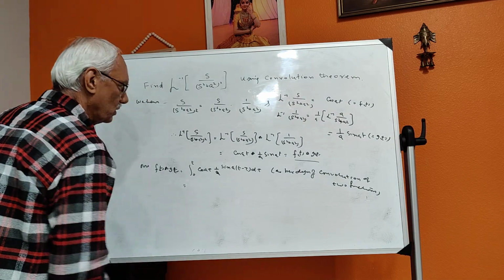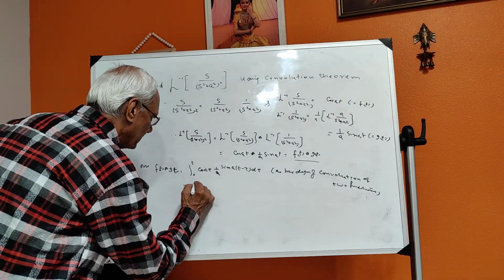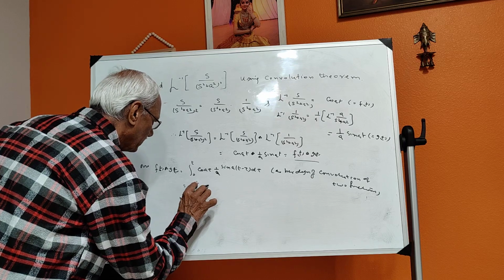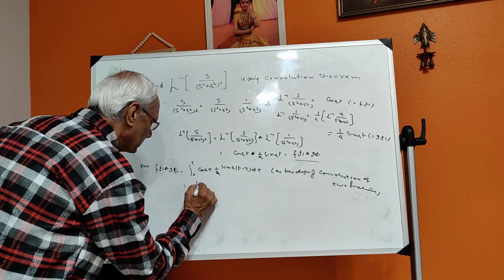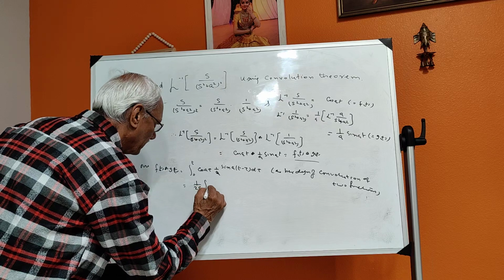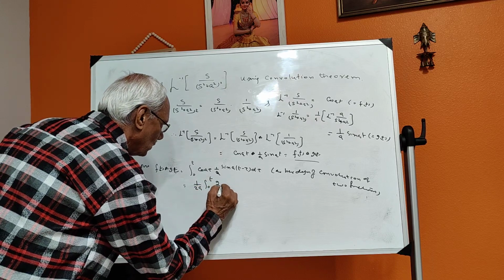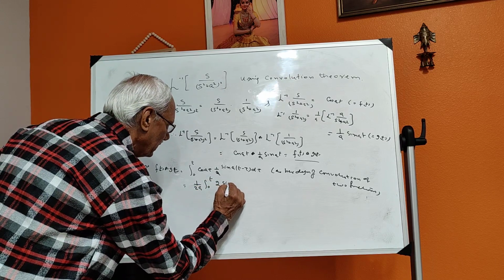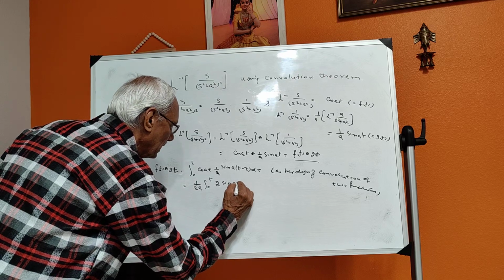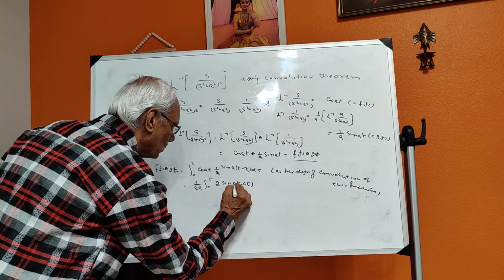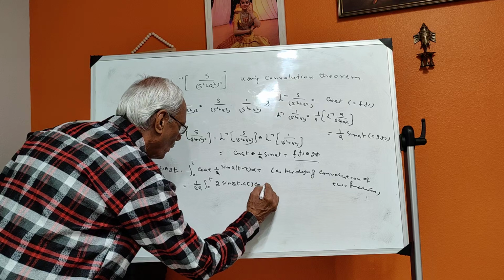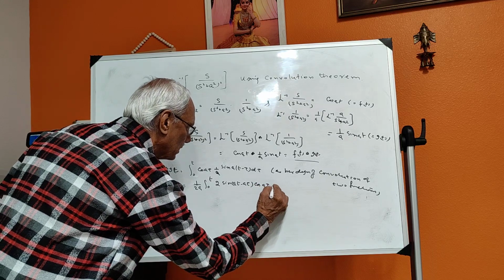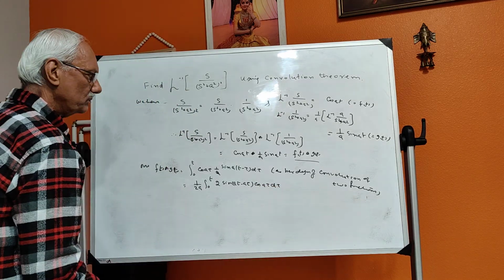Now I will write this as 1 by 2a, integral from 0 to t of 2 sine(at minus a tau) into cos of a tau d tau.